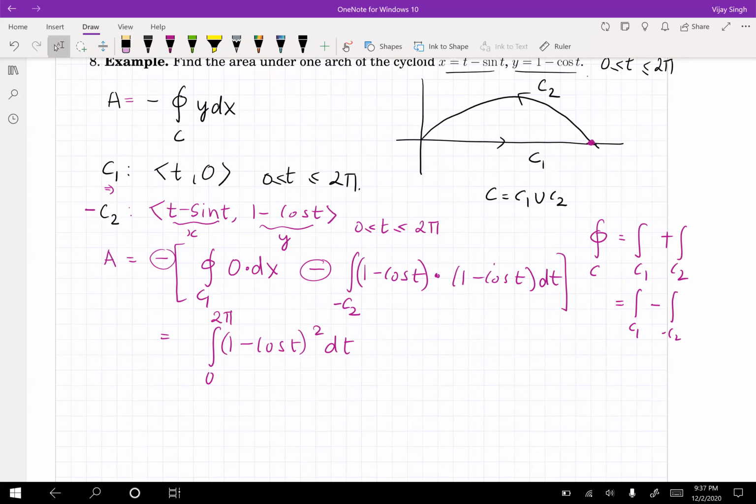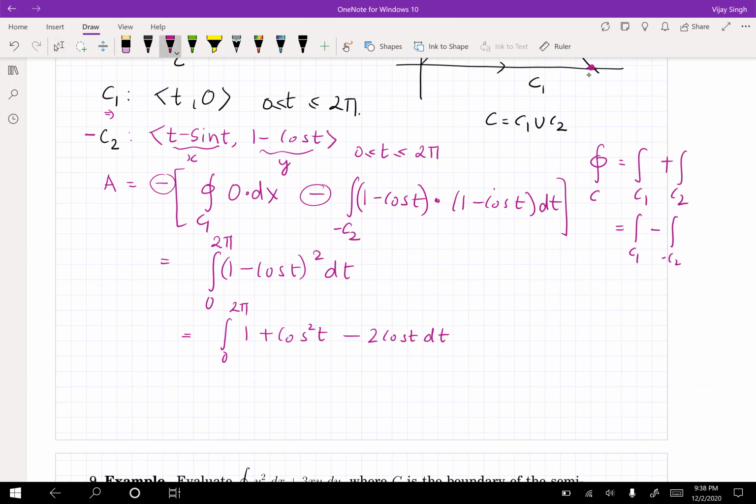So then we have the integral from 0 to 2 pi of 1 plus cos squared t minus 2 cos t dt.